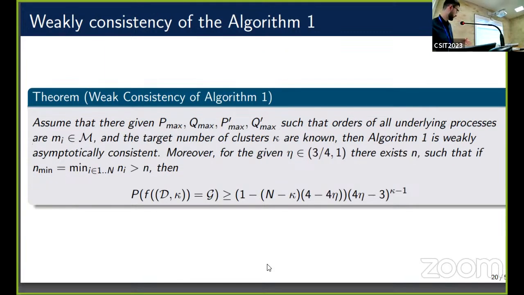And this is the more realistic theorem: if we don't know the orders, but we know some upper limits of the orders, then we have weak asymptotic consistency. And this is the lower bound for the probability of reconstructing the ground truth clusters, which basically tends to 1 if the minimum number of samples in each time series tends to infinity.